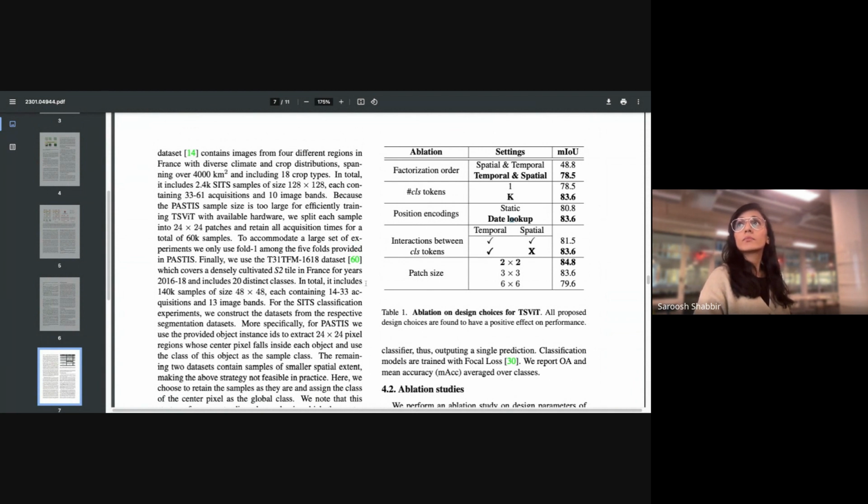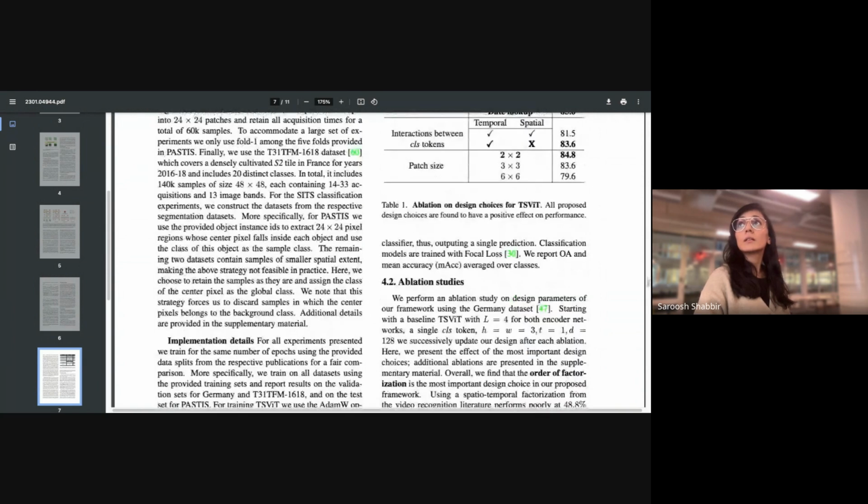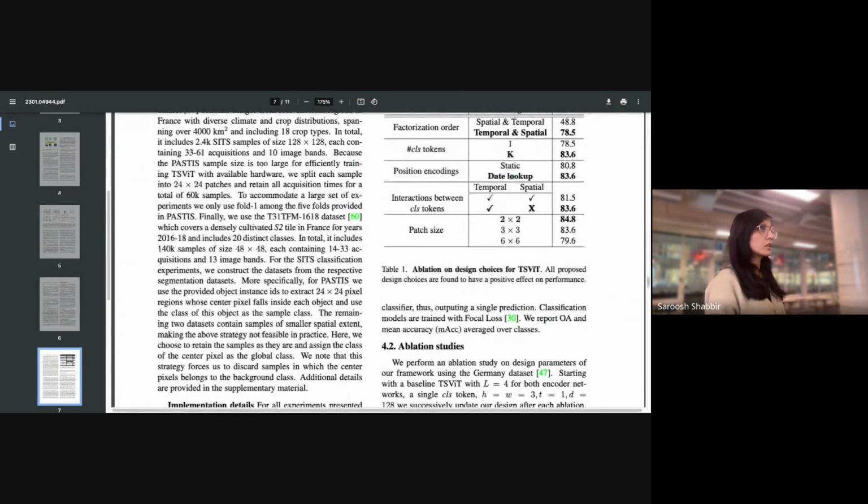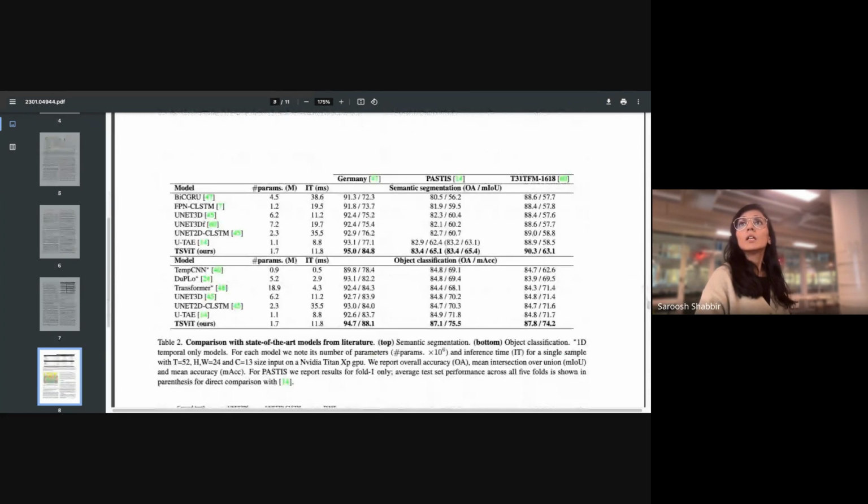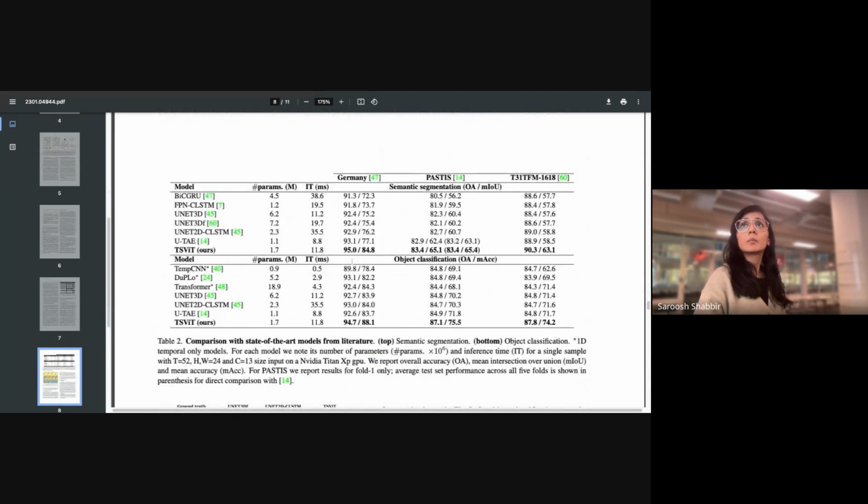So these were interesting results, which sort of motivate their choice of design by demonstration, but it's not motivated theoretically as much as usual. And then this table compares how the performance is compared to state of the art. It tends to be good; there is an increase over semantic segmentation metrics, and then the classification also.